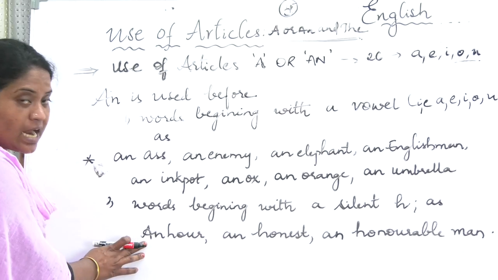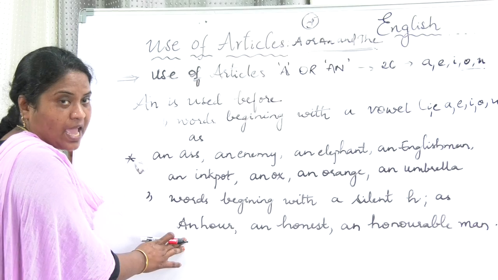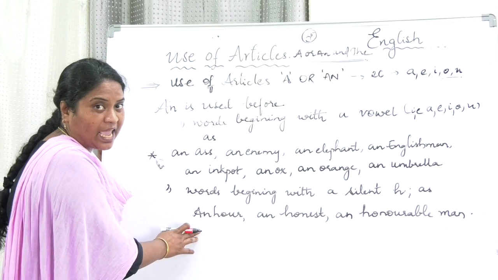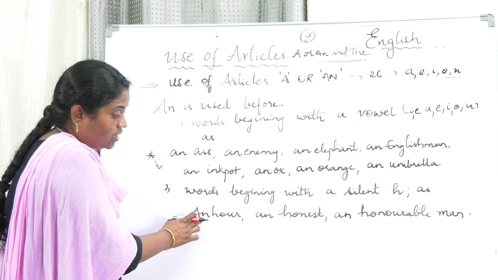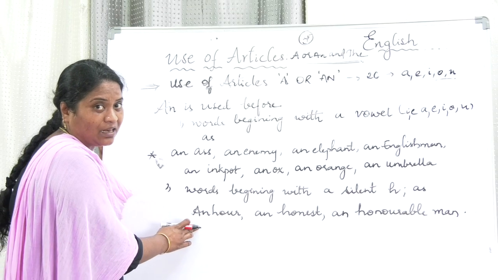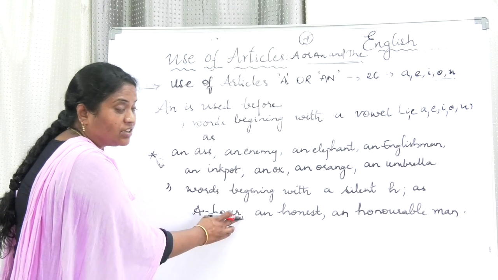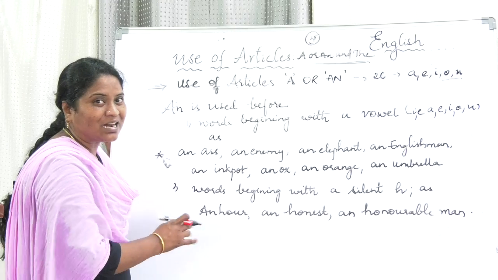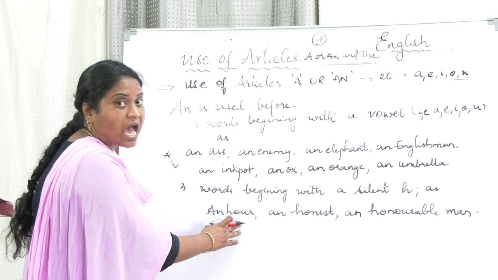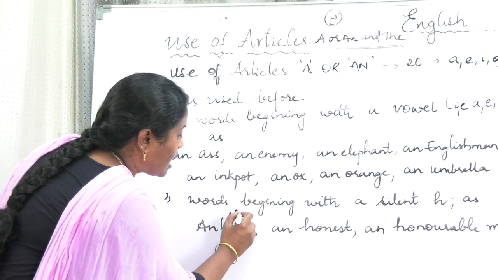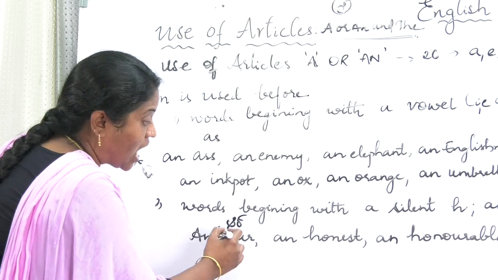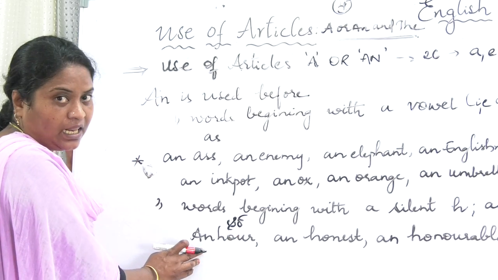But we are using the article an here. Actually, we would have to use the article a, right? But here we are using an. Why? Because we don't pronounce it as "hour" with an H; we pronounce it with an R-like vowel sound. That's why we are using the article an.